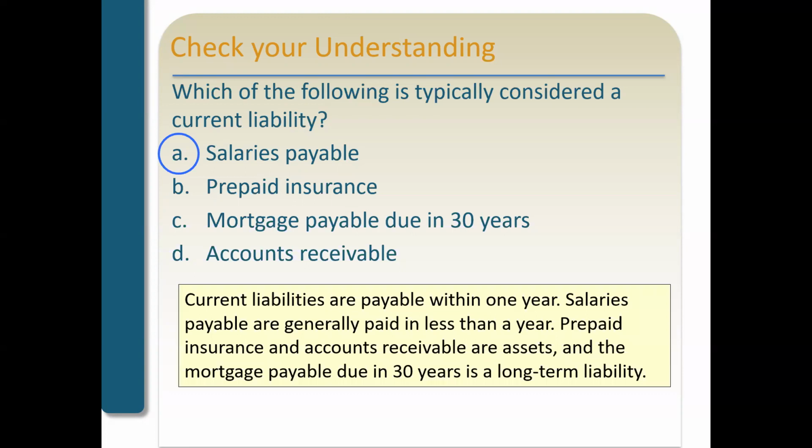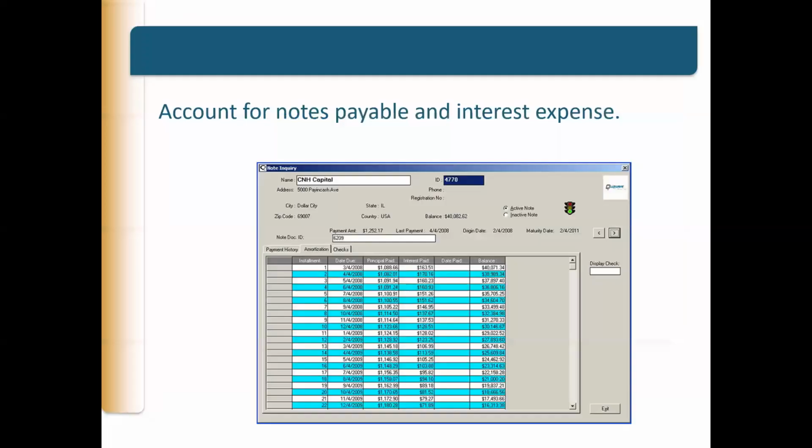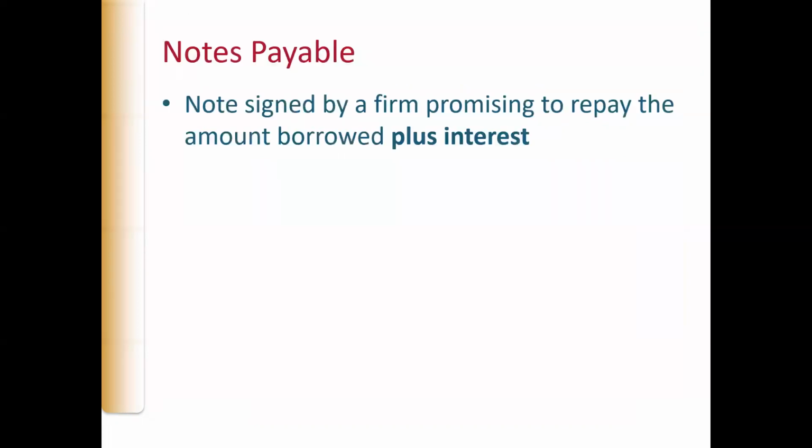Current liabilities are payable within 1 year. The mortgage payable due in 30 years is a long-term liability, because it's over 1 year. So we're going to look at how we go about accounting for notes payable and interest.